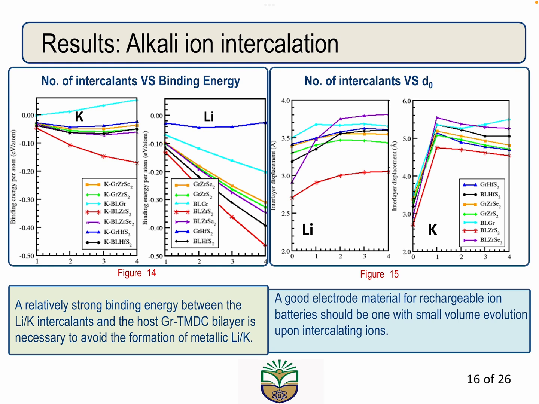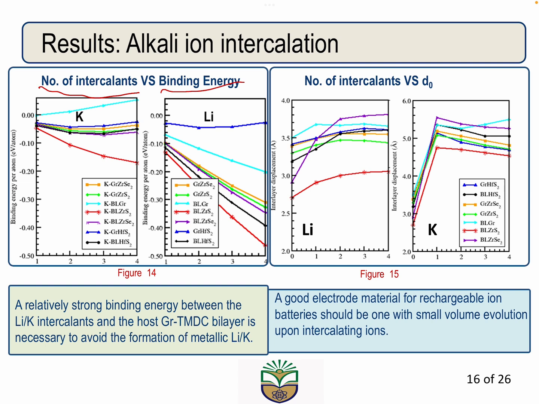So we carried out calculations of the number of intercalants against the binding energy. When we increase the number of intercalants, we needed to study how it affects our system. Does it still remain stable, or does it become unstable as we increase the number of ions?